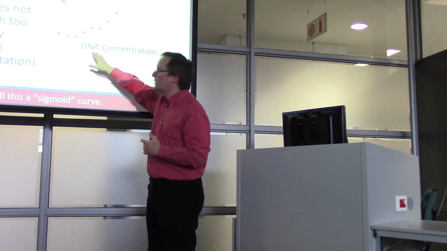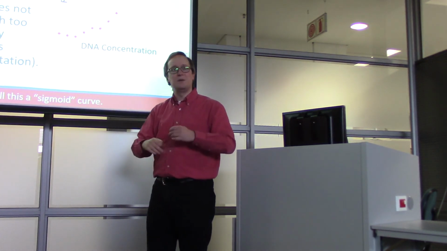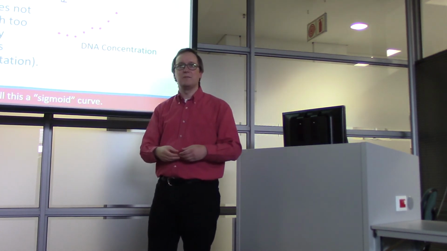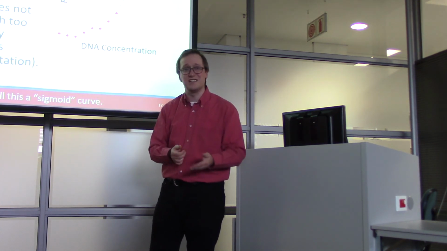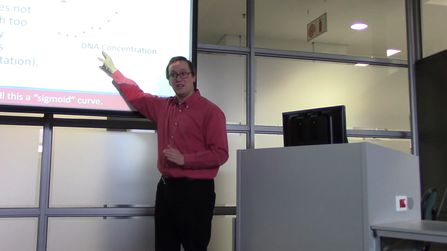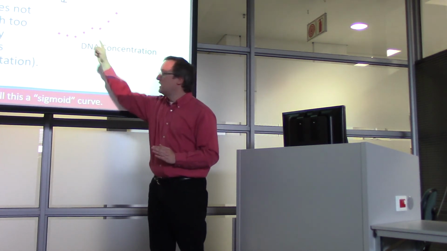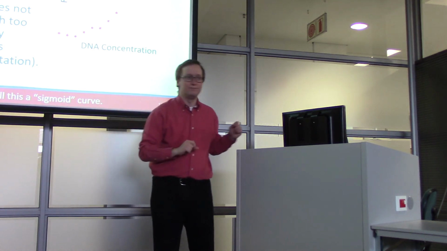So anytime you're trying to estimate these, don't assume that just because you have 5 times the read counts, you have 5 times the target DNA in the sample. We have to be careful about knowing where this range of linearity is, where our read counts are in fact useful for inferring concentration.